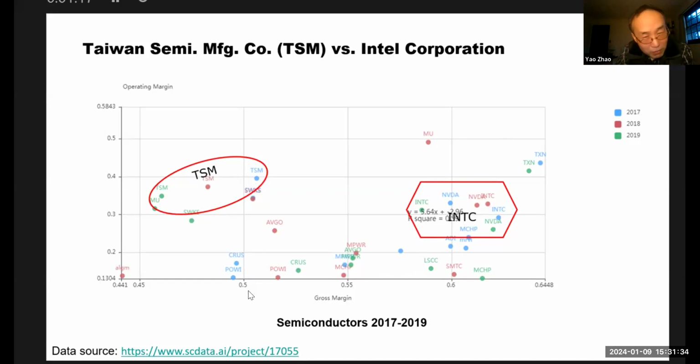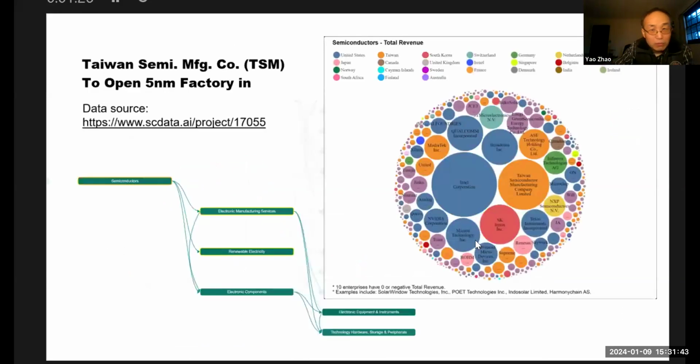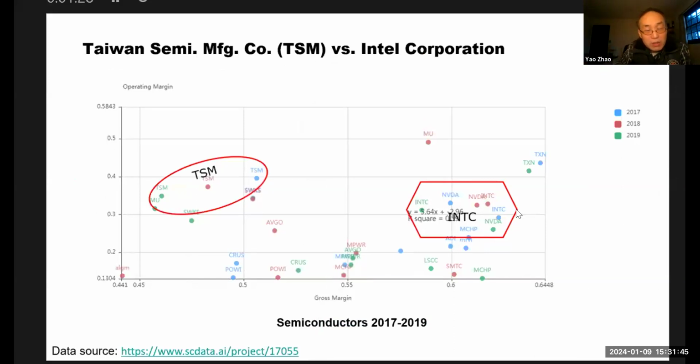TSM has about 50%. So recall that in this semiconductor supply chain, there are suppliers. That means the semiconductor equipment and material manufacturers are almost the same for everybody. Let's say we have the same semiconductor equipment manufacturers for everybody, such as ASML from the Netherlands.